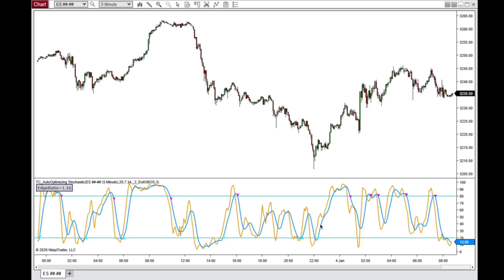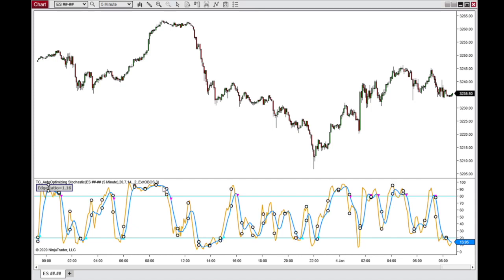Now that's a good one there, a good example. So the overbought and oversold conditions are key to the stochastic, and you can see it actually isn't a really great idea with default settings. 1.16. Well, that's not much better than a coin toss, and certainly not exciting to trade.